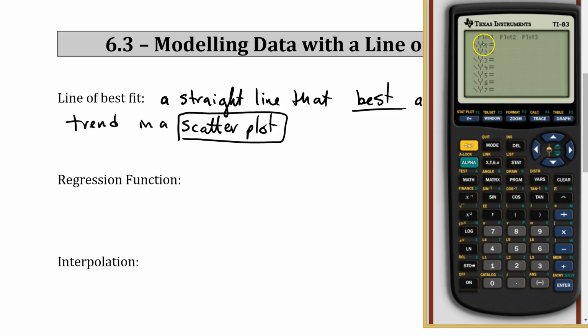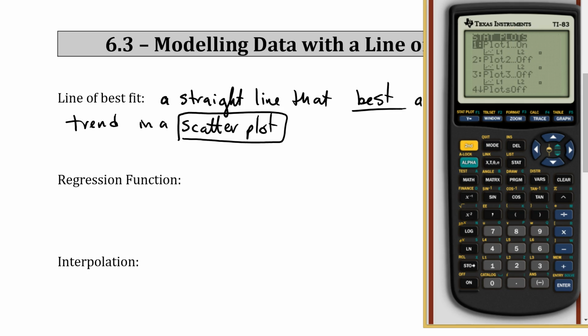Sometimes we're going to be graphing more than one graph, but in general the scatter plots we're going to be using are going to be under y1, data points that is. So I'm going to go second y equals and turn our plot on, like that, so that when I look at my graph, I see that my scatter plots are on.